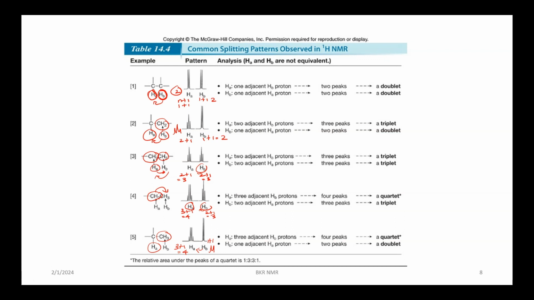Now, if I have three neighboring protons, I'll be split as 3 plus 1, into a quartet. Quickly we can say the intensity ratio of this quartet will be like this. I have three neighboring protons; all three can oppose, or all three can align with the external field, or I can have two opposing, one aligning.